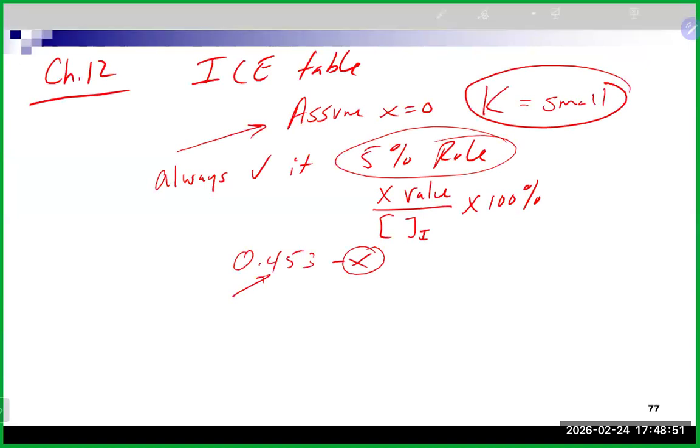So let's talk about each of these here. Let's talk about the first effect, which is concentration. And really, there's two things you could do with concentration. You could add more.